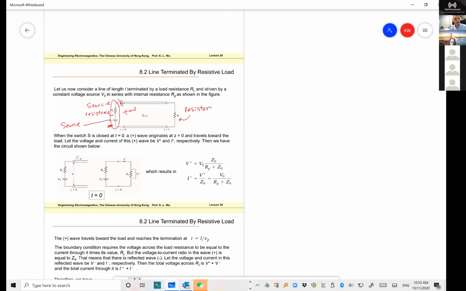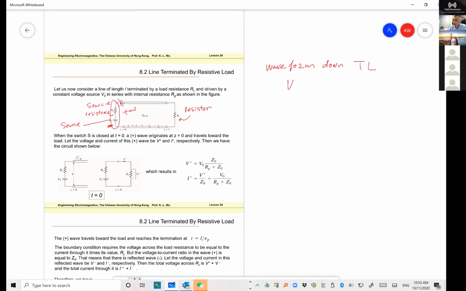The problem is, what is the voltage waveform down the transmission line? That means at every location on the transmission line, what is the voltage?